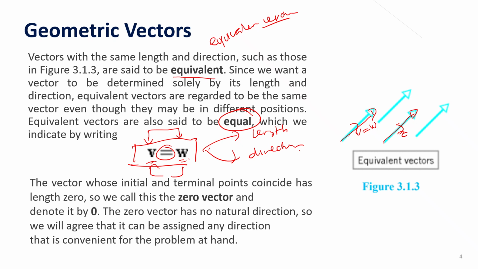And then a vector that is equal to 0, which we call the zero vector, is considered a vector whose initial and terminal points coincide and has a length of 0. So we call this one a zero vector.